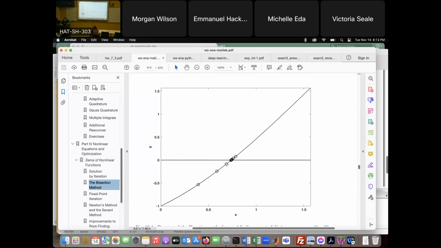Now I get this point, which would be 7 pi over 32, and so on. And I keep getting closer and closer to where the graph crosses the x-axis. Okay. So any questions about the visual of bisection? It's not very sophisticated about it.